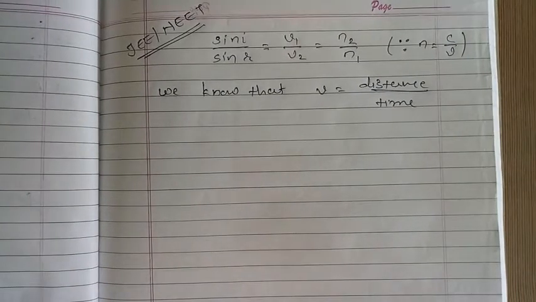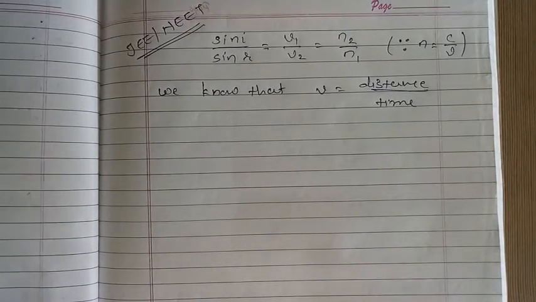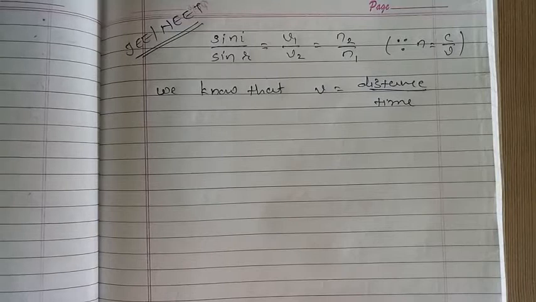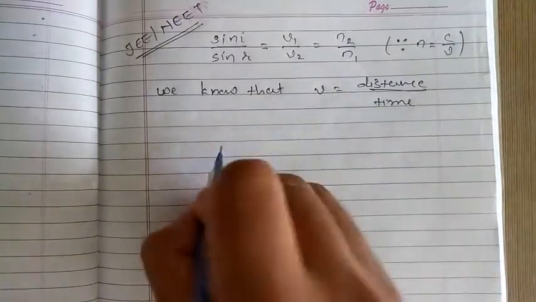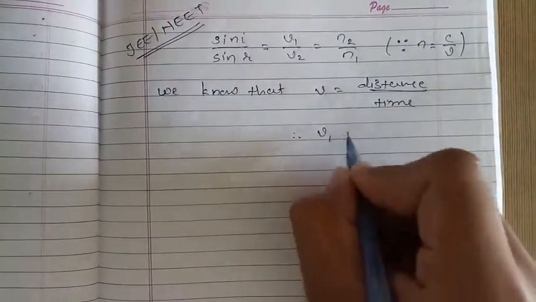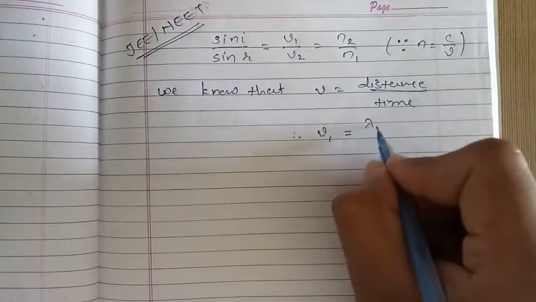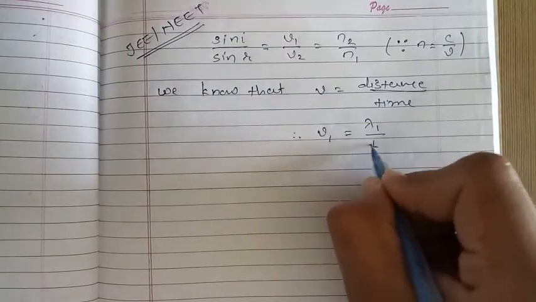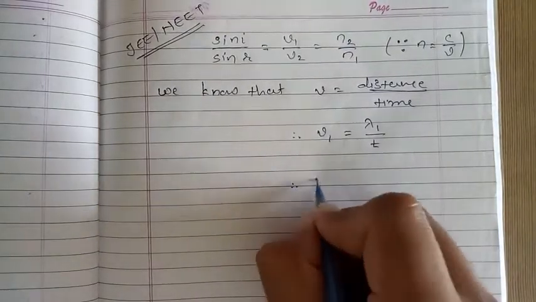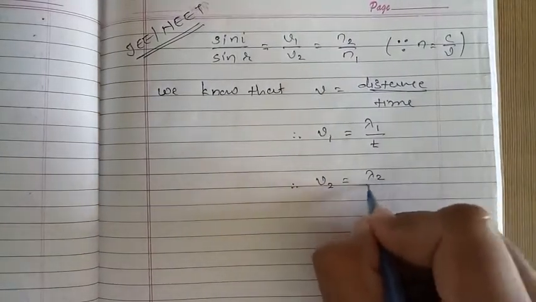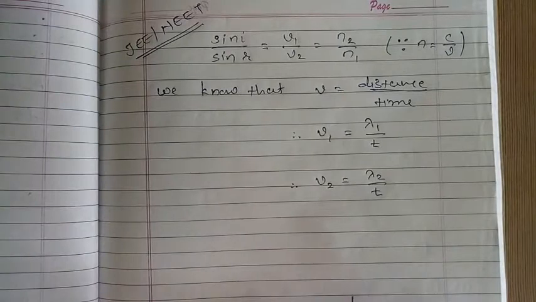Suppose there are two waves. The distance covered by a wave is the wavelength, which we denote by lambda. So for wave 1, V1 is equal to lambda 1 upon time t, and V2 is equal to lambda 2 upon time t.